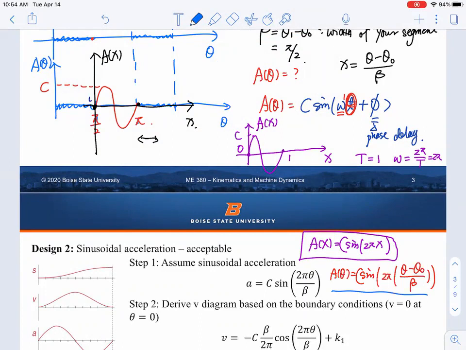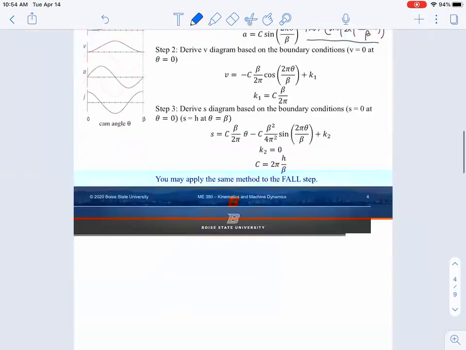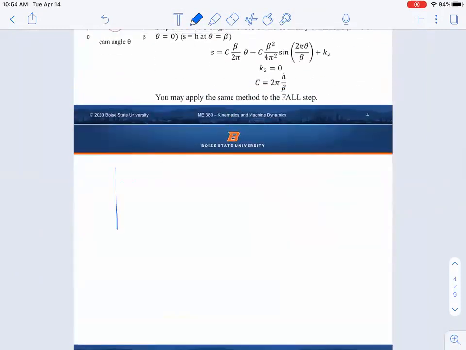So if you don't want this x intermediate step, you can actually directly find your A(theta) from this curve. So let's directly find it out. Here, the other case is when you start from theta naught, it ends in theta 1. And then we know that this is half pi, this is pi.